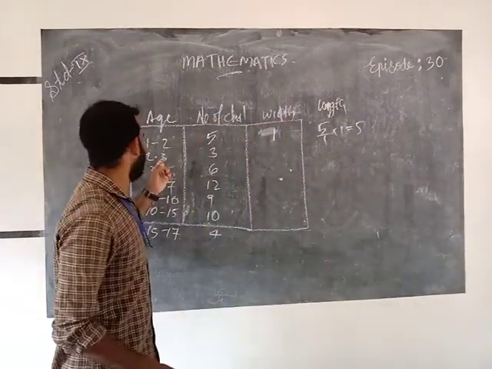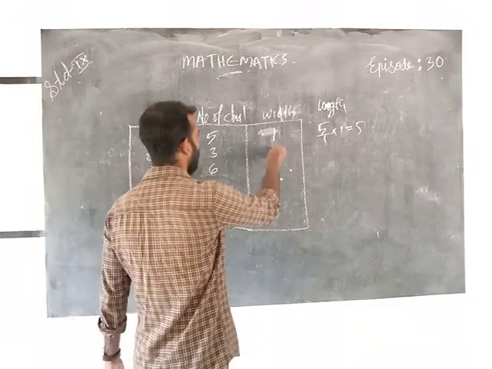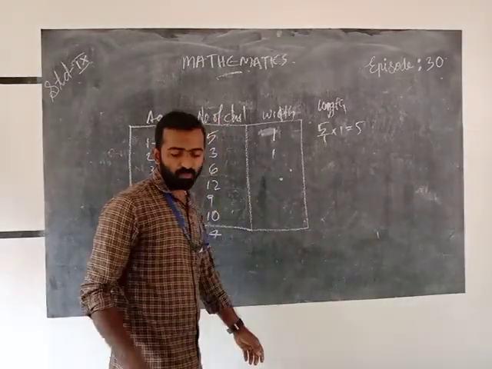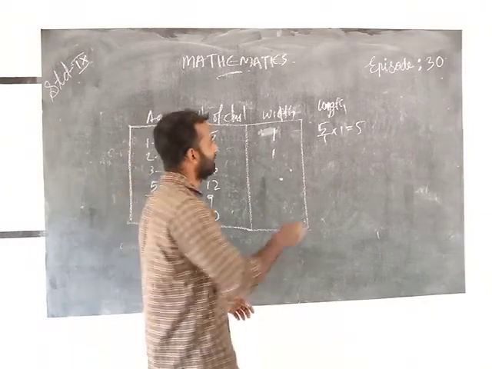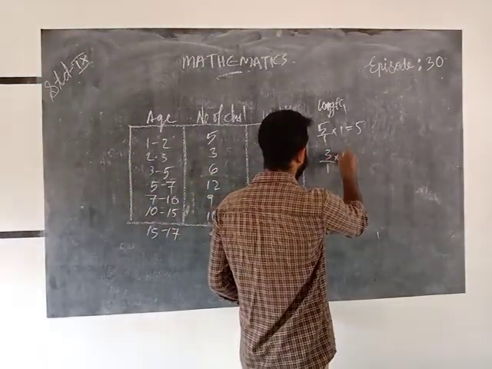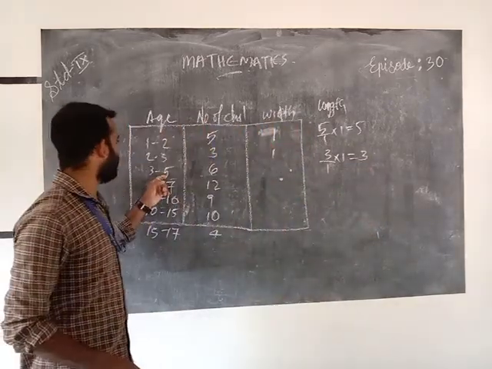Next, what is the width? Here also 1, so we get 1. And 3 by 1 into 1, we get 3.